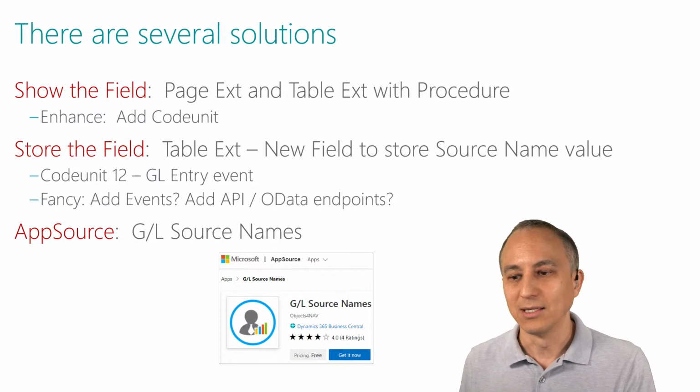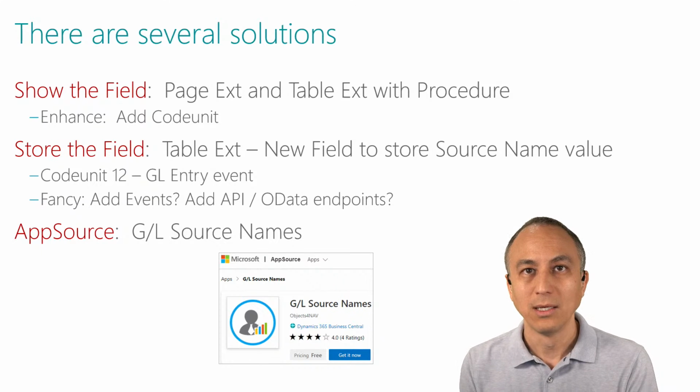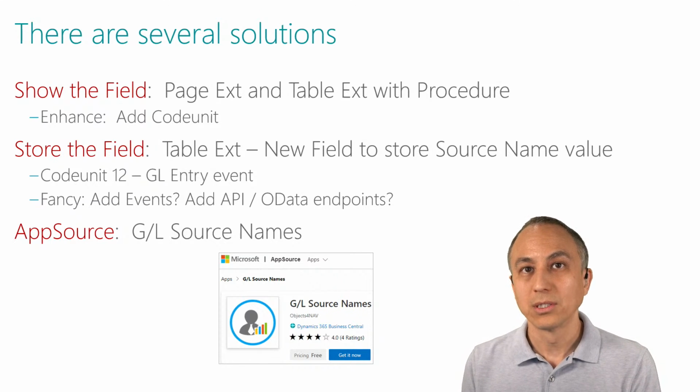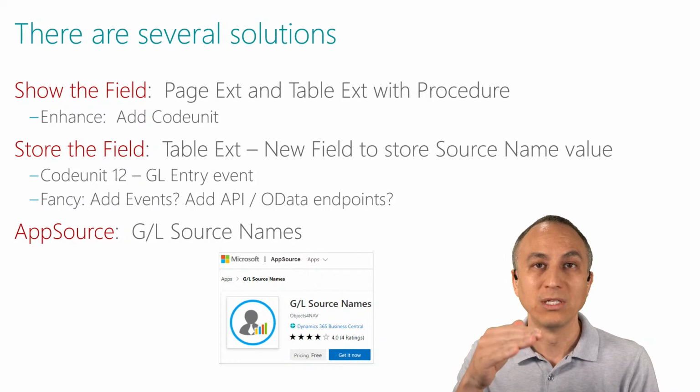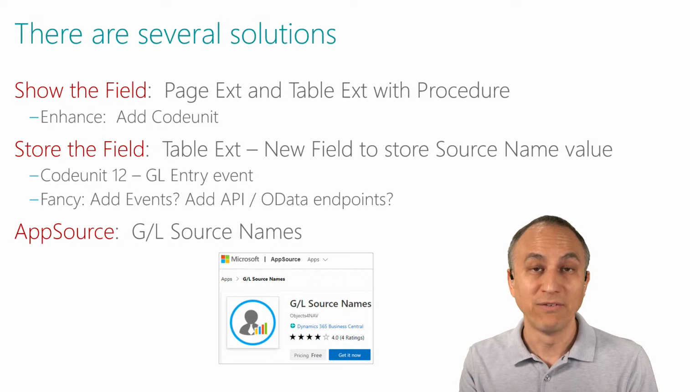But there's a second reason, and it has to do with auditing. If the customer needs this information to present to auditors, the auditors typically would want that information to be stored with the transaction. Let's take the vendor example.